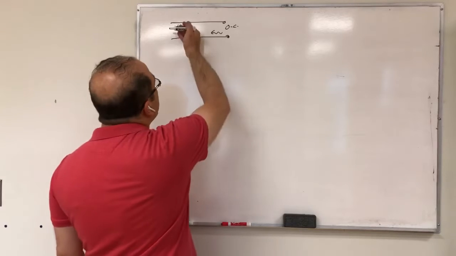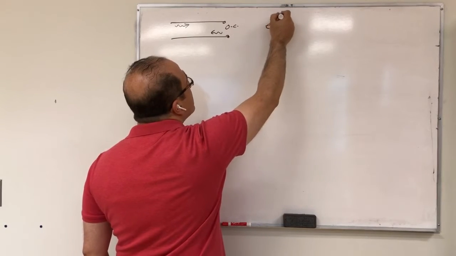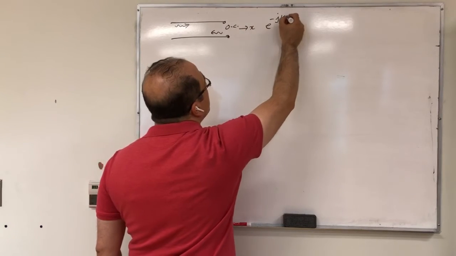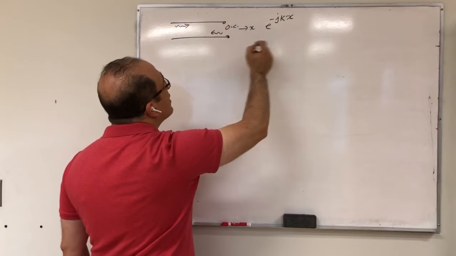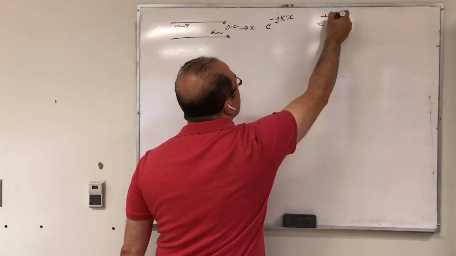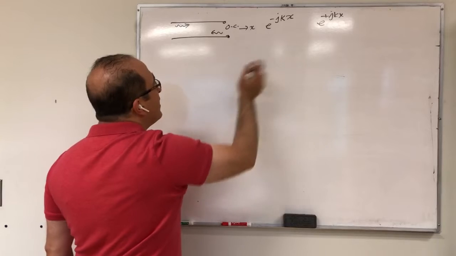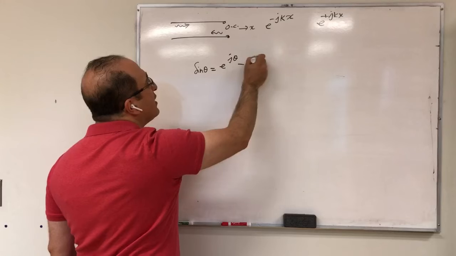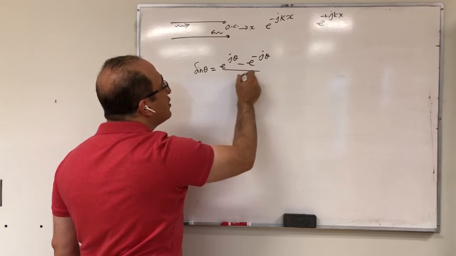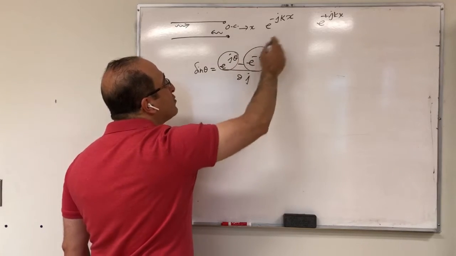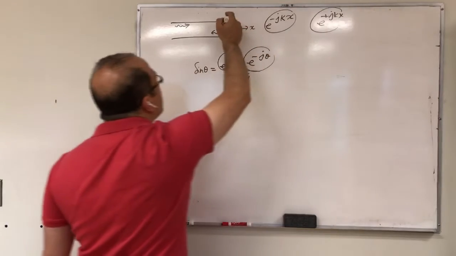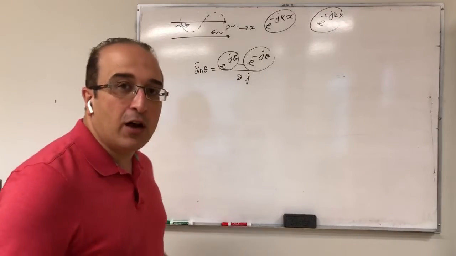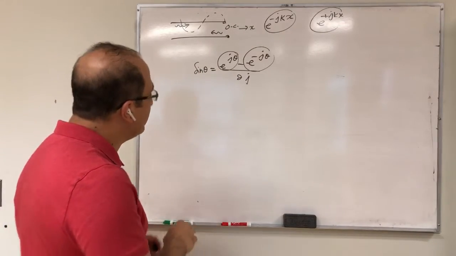Remember, the wave going this way is e to the power of minus jkx, let's say, and the wave that reflects back is e to the power of plus jkx. So you get both of them. And if you remember, sine of an angle is e to the power of j theta minus e to the power of minus j theta, divided by 2j. So when you have these two exponentials, you essentially get this sinusoidal current distribution, which is the indication of our standing wave.